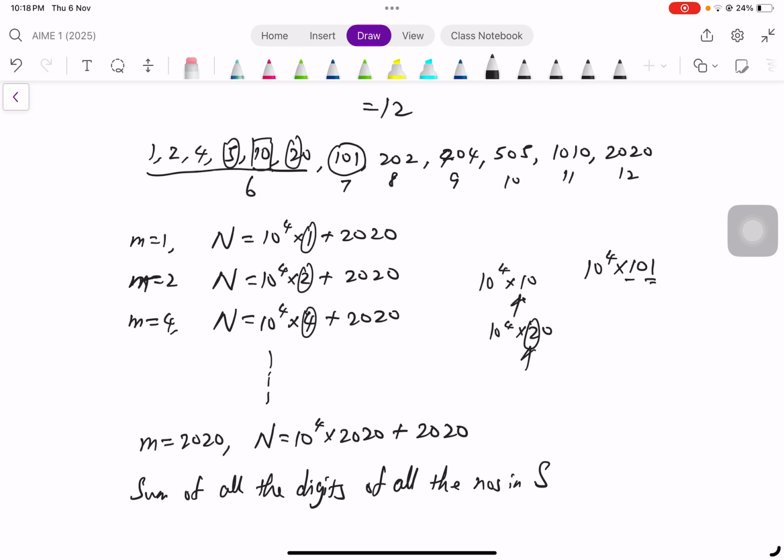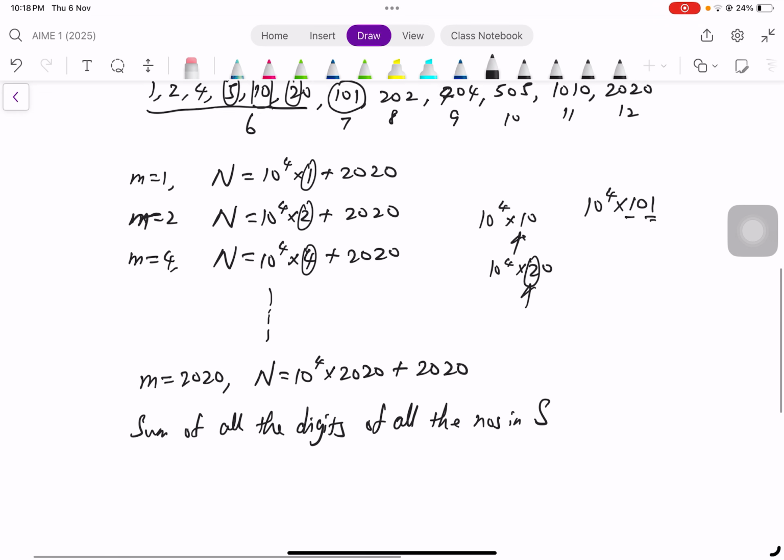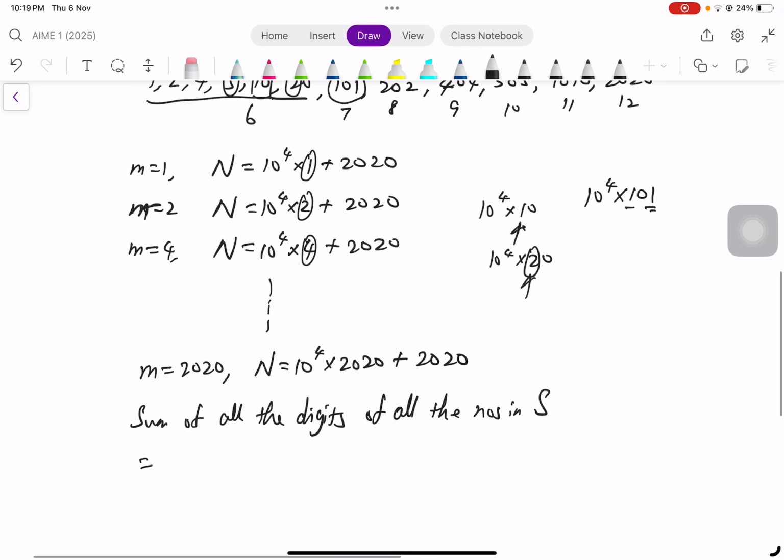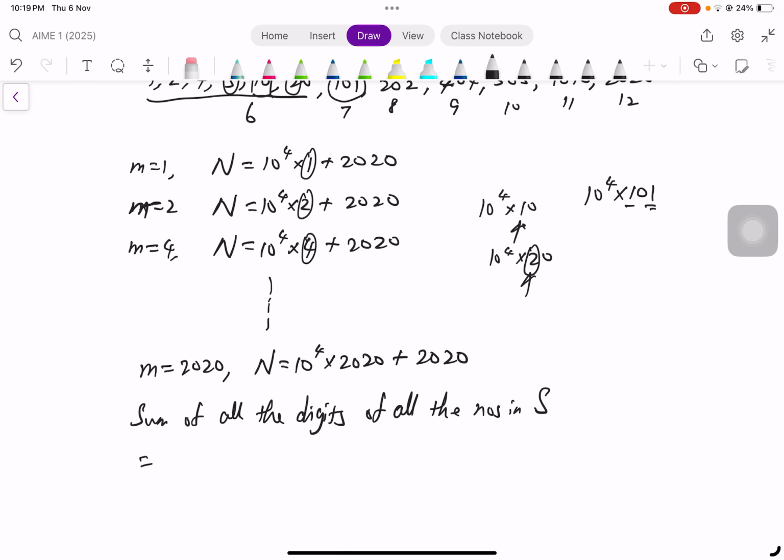The way we count is that we look at the digit sum of the front part: 1 plus 2 plus 4, and when it comes to 5, it would be 5.